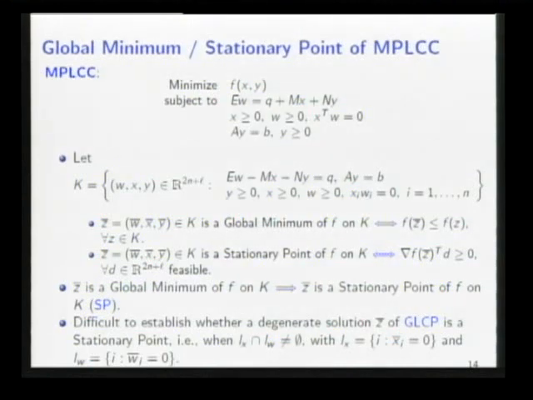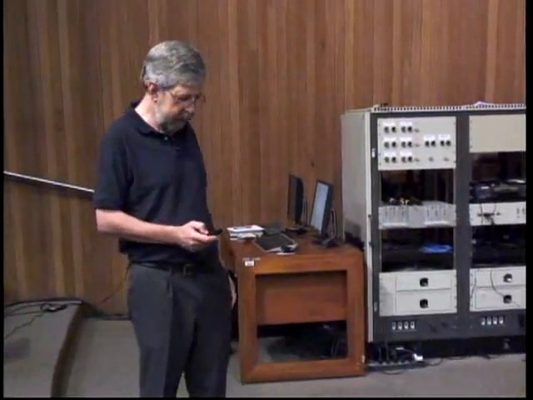And this is particularly difficult where the solution is degenerate. That is, there is at least one i such that both complementarity variables are 0. So one thing that you should realize is that complementarity problems are much more difficult when you have a degenerate solution. But it is not a surprise because linear programming also has the same property, okay?